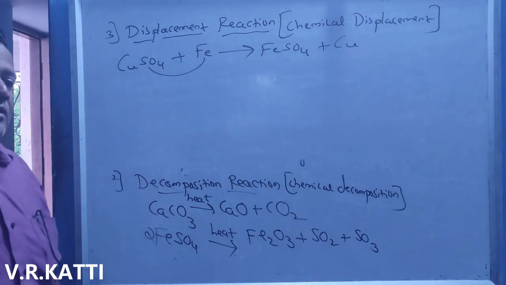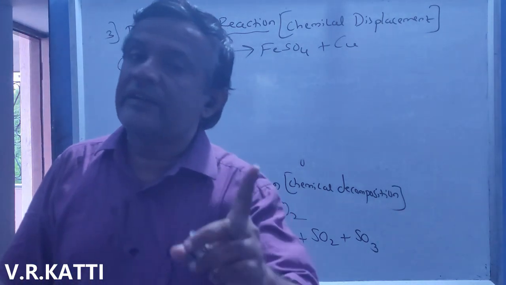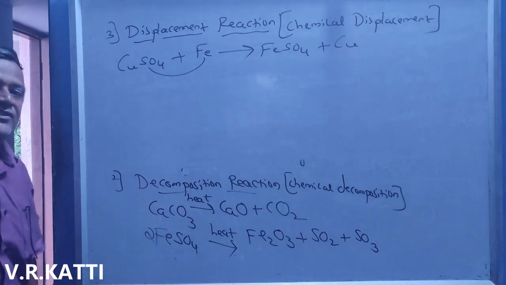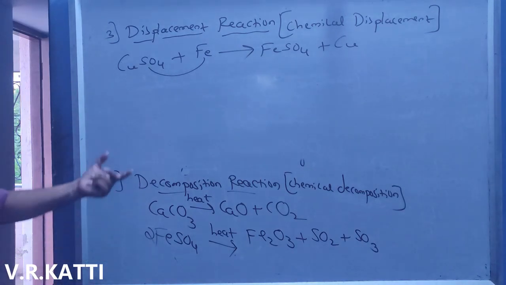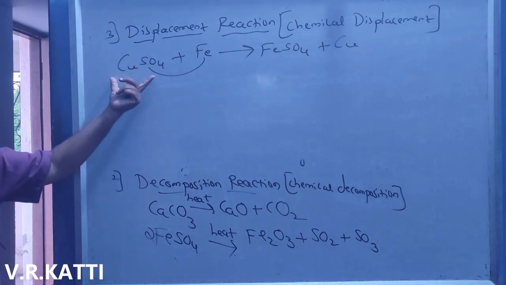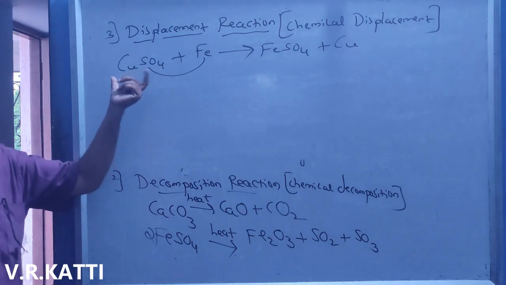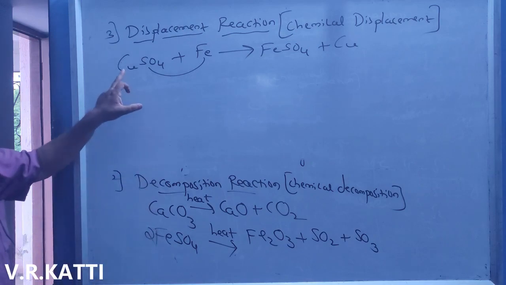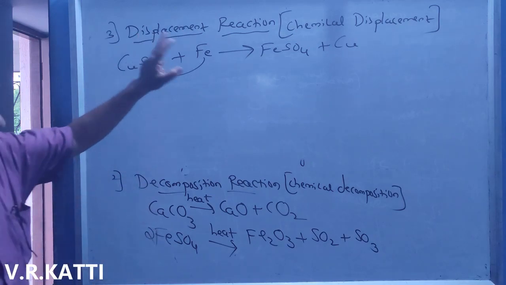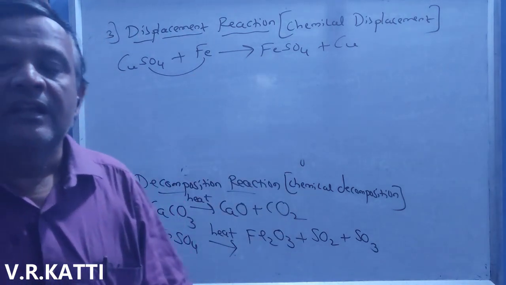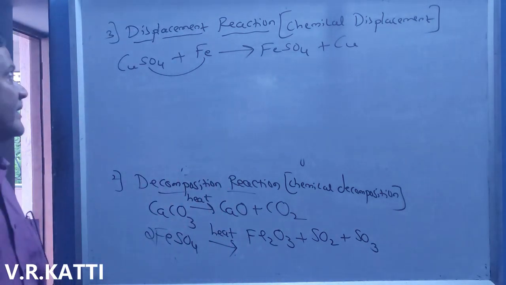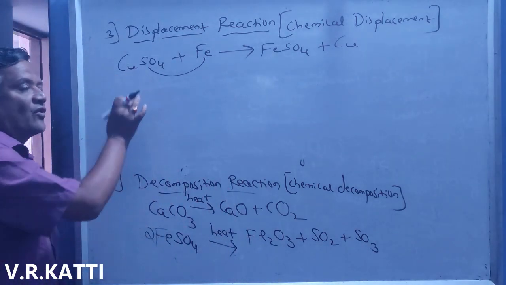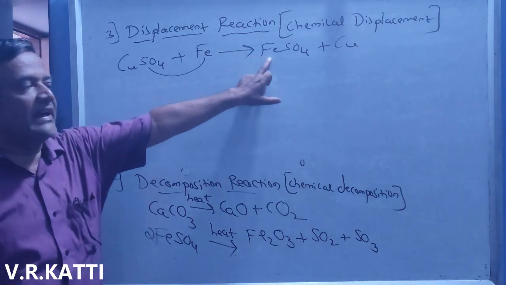So what do you understand about this reaction? Copper sulfate is a compound. In this compound, copper is displaced by iron. In place of copper, here we mentioned iron.